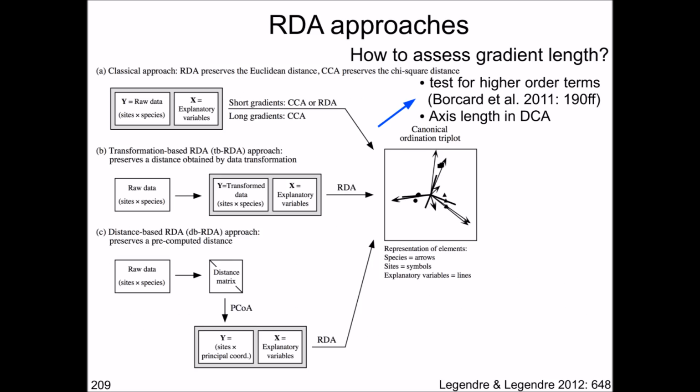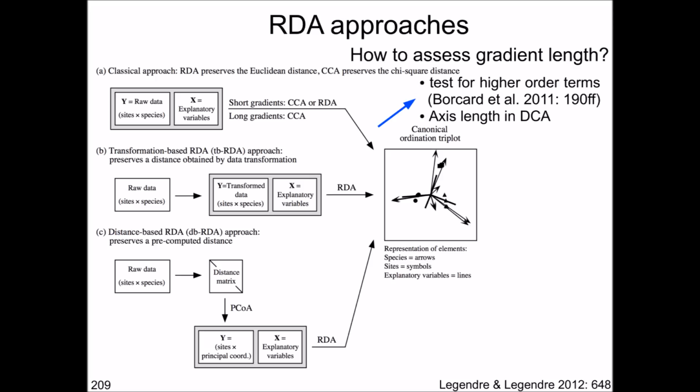So here we have an overview of the different RDA approaches. On the left-hand side, you see the different approaches. You can use the classical approach, where the RDA preserves the Euclidean distance, or you use a canonical correspondence analysis if you rather expect a unimodal gradient.